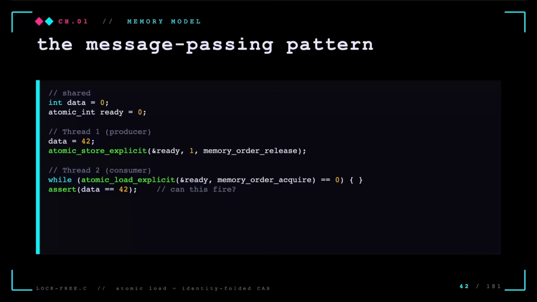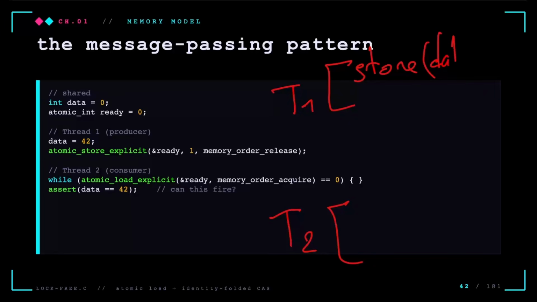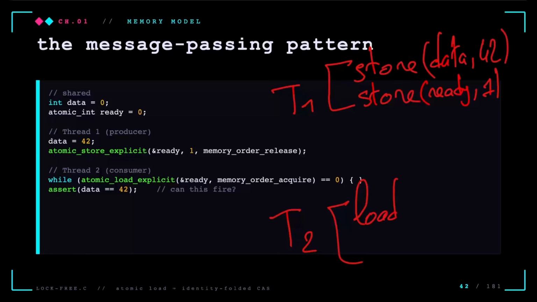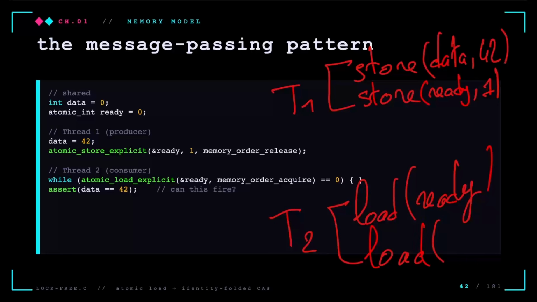Now we're going to observe what this memory order gives us. To summarize what these threads do, I'm going to draw the main instructions. We have a store data 42 over here, and then we have a store ready 1. On the other thread, we have a load ready, and then we also have a load data.